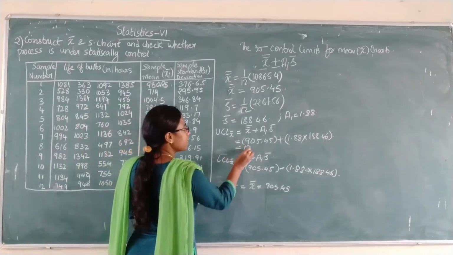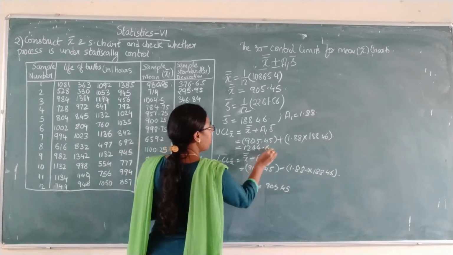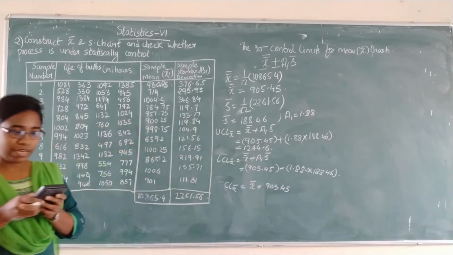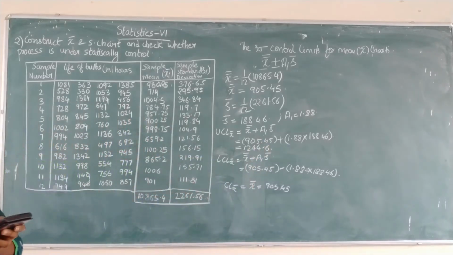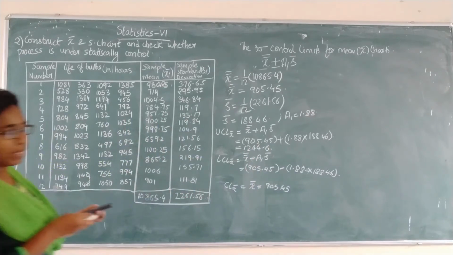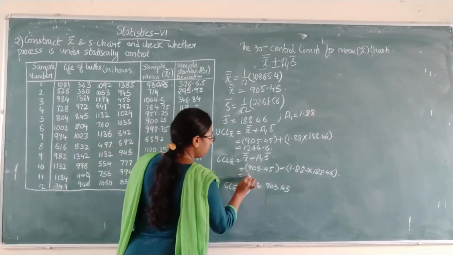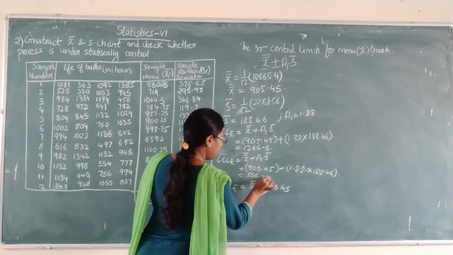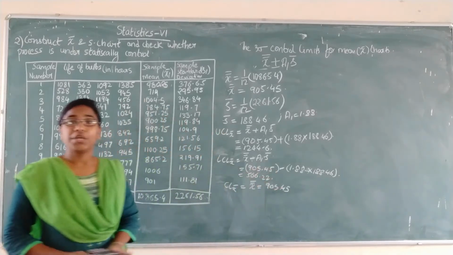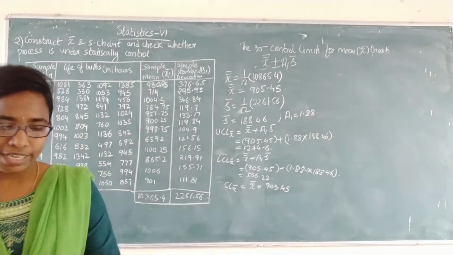So UCL is 1244.6. In the same way, in place of plus, you write minus, so you get the LCL value as 566.92. Now you have the UCL, LCL and CL values.